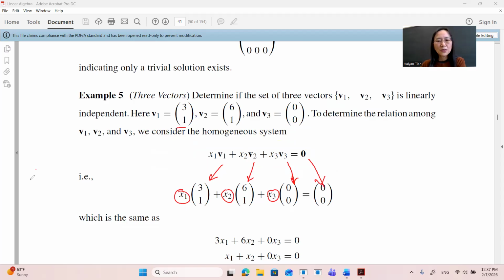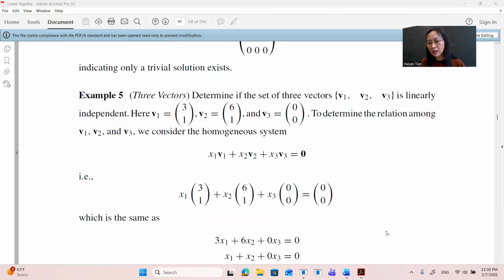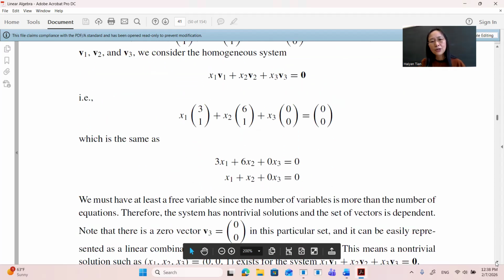So we write the homogeneous system into a specific form, the vector equation form. In this vector equation form, do we have only the trivial solution? That is to be solved. We have to solve the homogeneous system to know whether we have only the trivial solution or not.